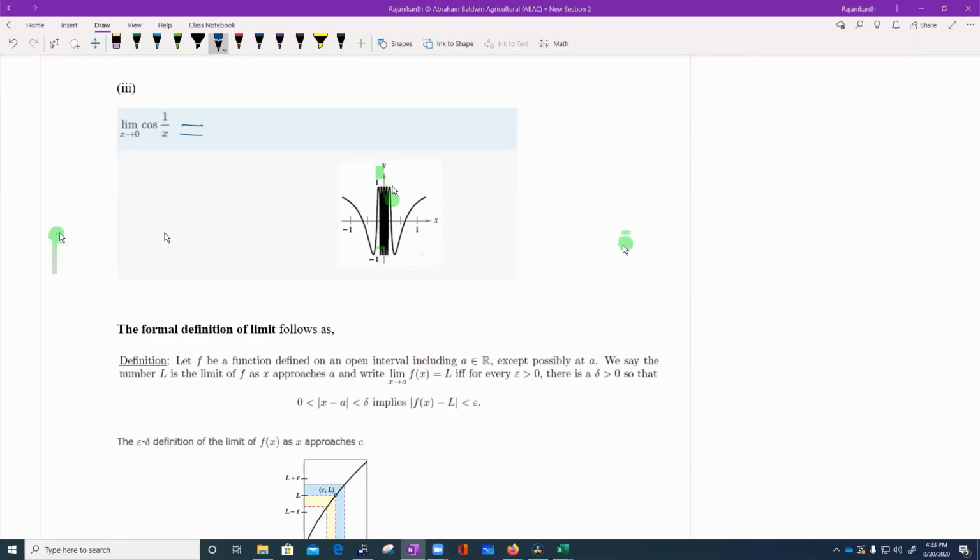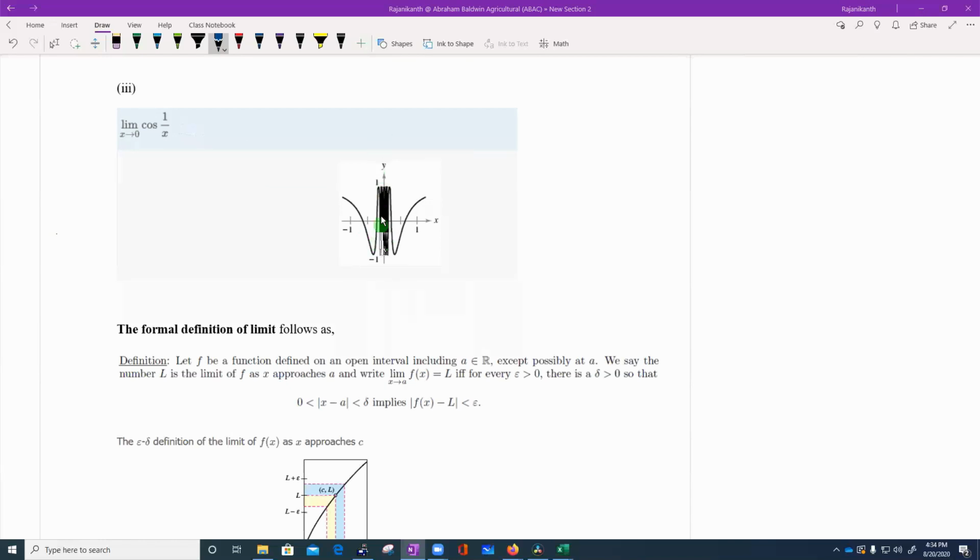You remember this function keeps oscillating very close to 0, right? That means you cannot find one common value when x approaches 0. You see the function oscillating, right? For an oscillating function at a particular point, the limit is going to be undefined, because I cannot find one fixed value.